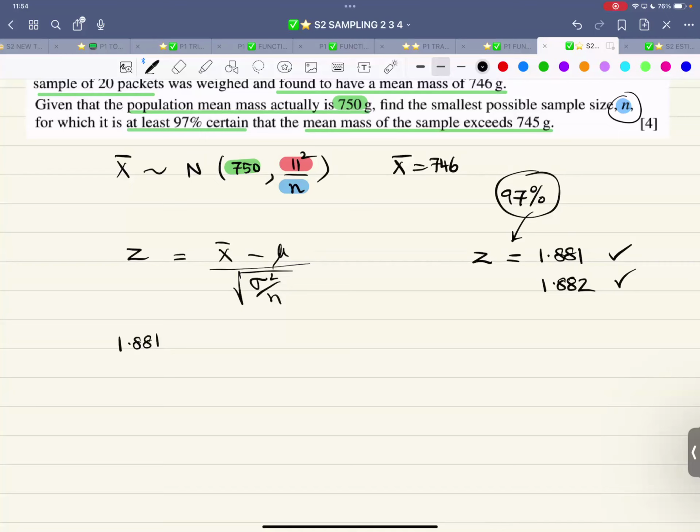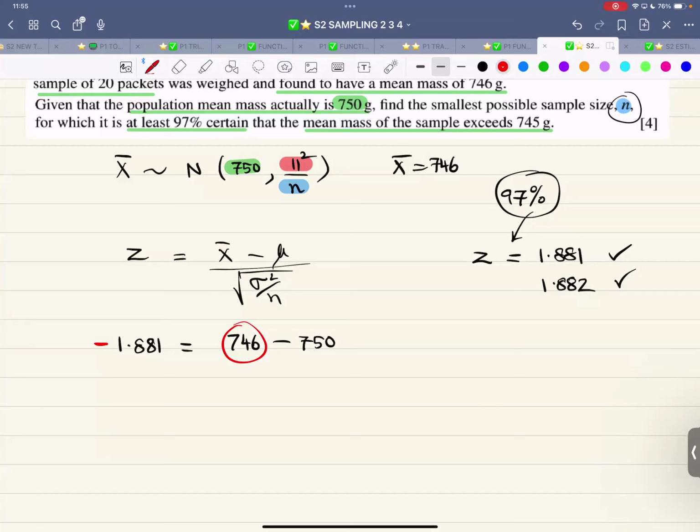And now the question is, will we take the positive value or the negative value? Let me first write it down, and then I'll just tell you which one is the right one. So this is 746 minus mu, which is 750. Now, since this value 746 is less than 750, that means the numerator is negative. In order to balance it, it should be a negative sign on the other side also.